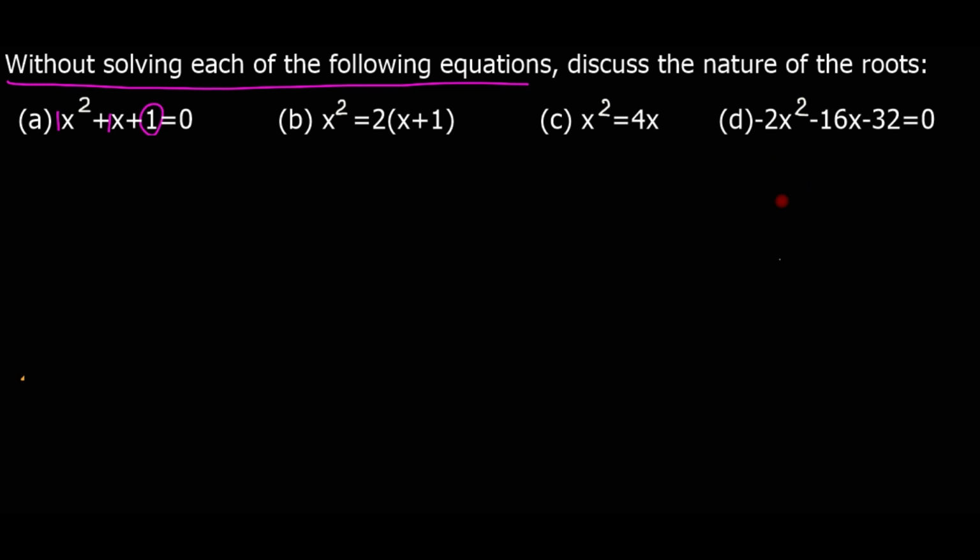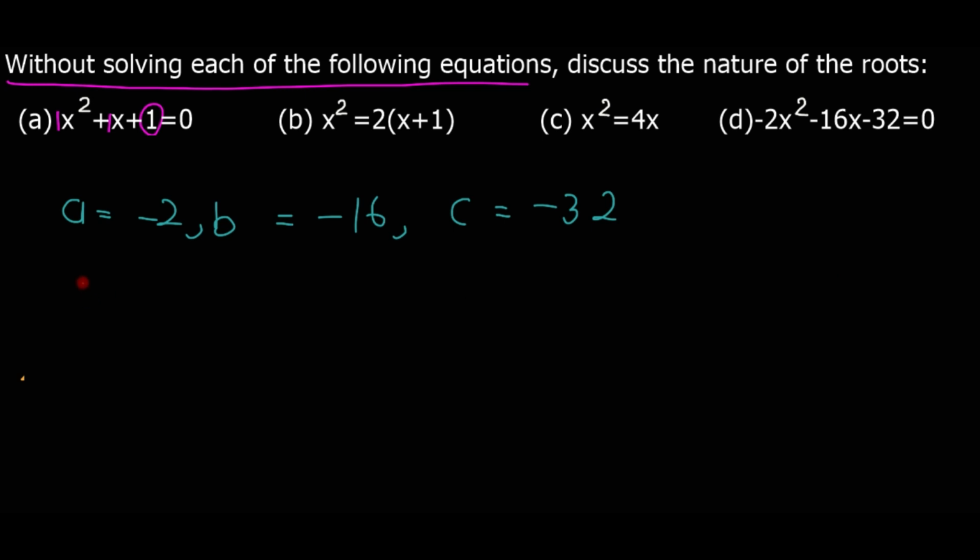Part D is already in the standard form. So A is negative 2, B is negative 16, and C is negative 32.